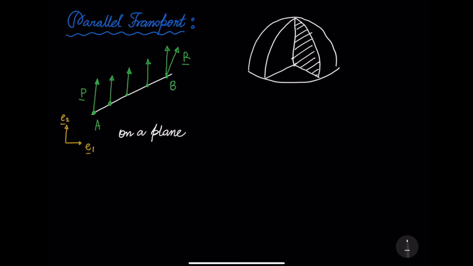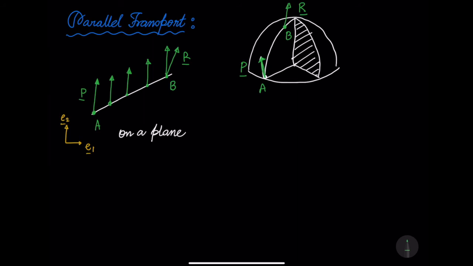Now, if I have a vector here which is looking in this direction, and let's use this color for the vector, this is the vector P at the point A, and say this is the point B. And now there is a vector R here. The question you ask is, how do I compare P with R?